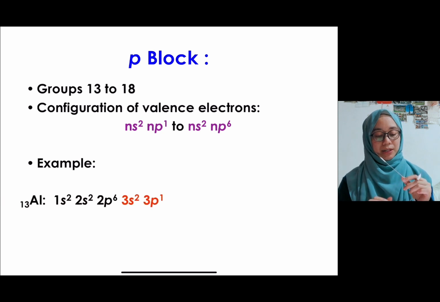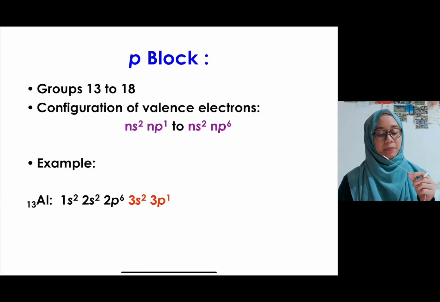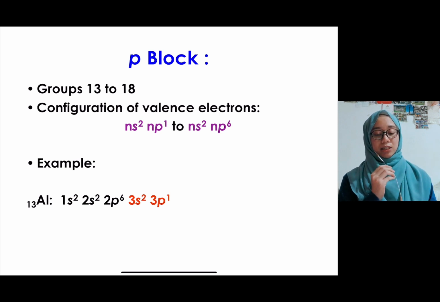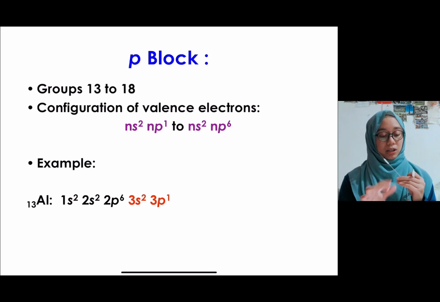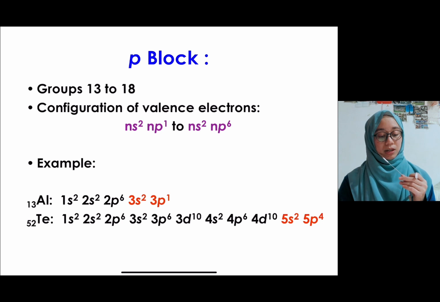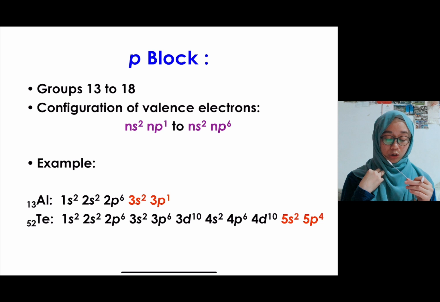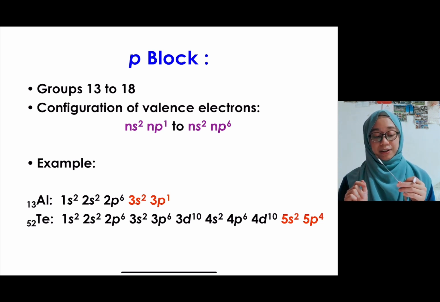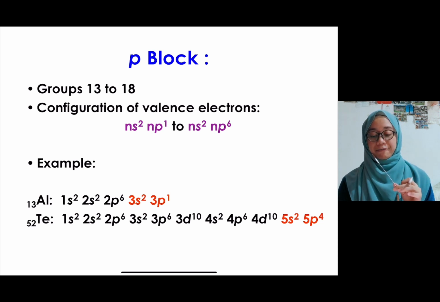Okay, so for example, for aluminium, the last 3 valence electrons that we fill are in 3s2, 3p1. Okay, so if we look at tellurium, it has 52 protons. So that is its electronic configuration, but the very last 6 electrons it fills are in 5s2, 5p4.